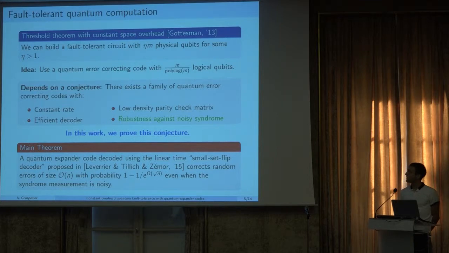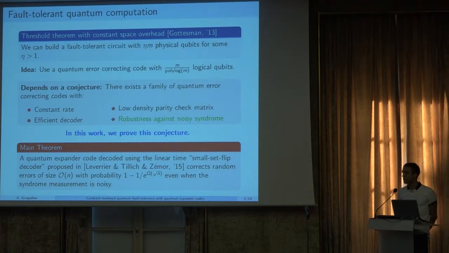And this theorem depends on a conjecture. The conjecture is that there exists a family of quantum error-correcting codes with a constant rate, which have a low-density parity check representation, with an efficient decoder, and which are also robust against noisy syndrome. So in this work, we have proved this conjecture.